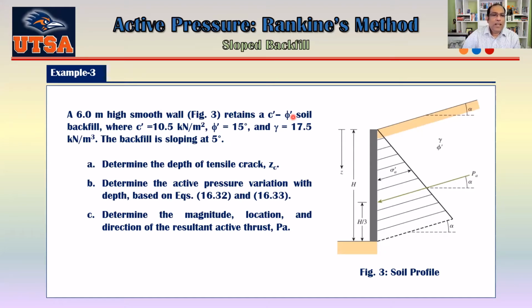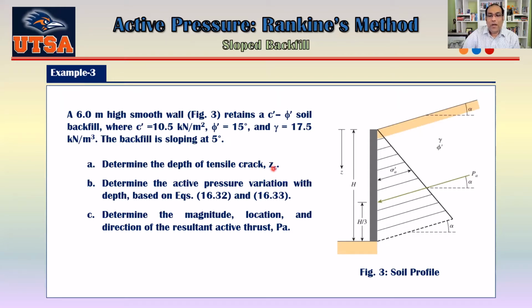Then they're saying that your C prime is 10.5 and your phi is 15 degree. Gamma, unit weight of the soil is 17.5 kilonewton per meter cube, and the backfill slope is 5 degrees here. Okay, so first of all, they are asking you to find out the distance of tensile crack from the top.